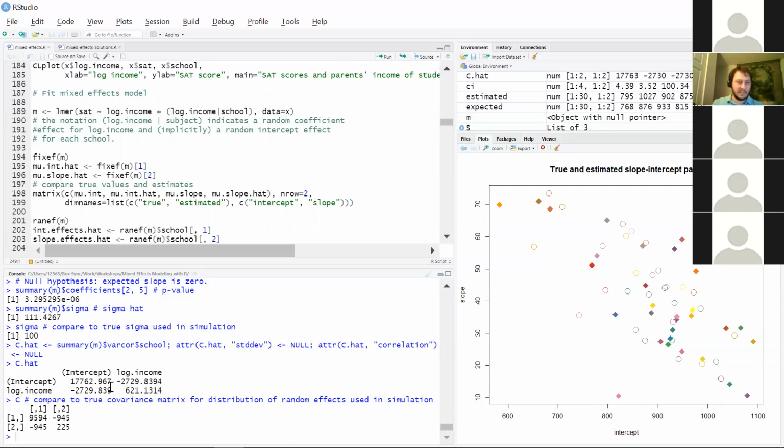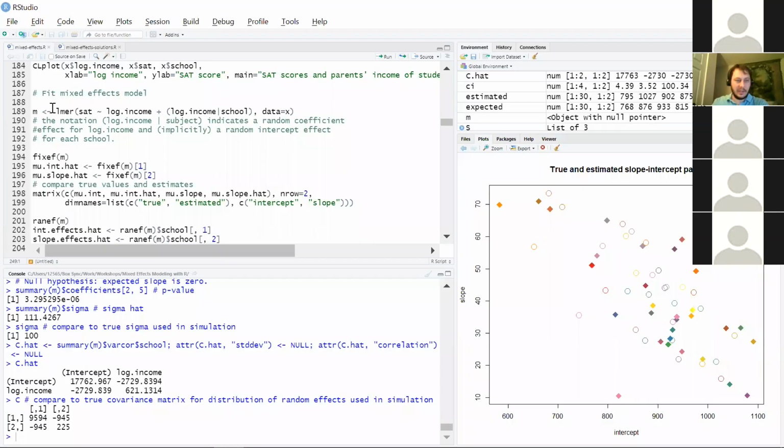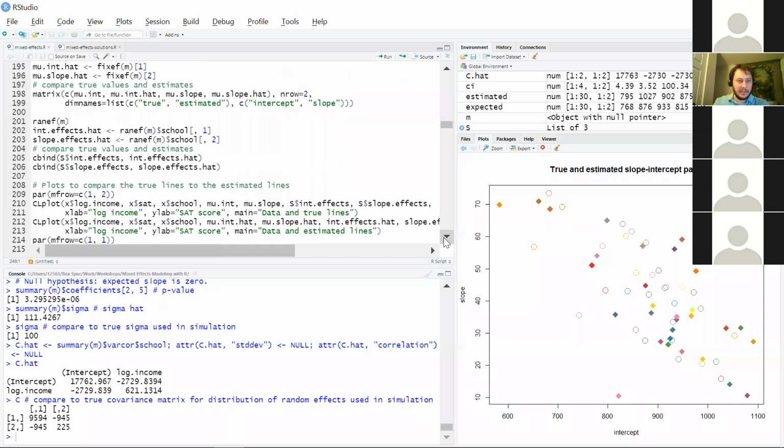So this is the covariance matrix of the BC pairs. B1C1 through BNCN, these intercept slope effect pairs, there's one drawn for every school, and we're assuming they're normal with mean 0 and some unknown covariance matrix. And here is the estimate of that covariance matrix. And here's the actual covariance matrix. I calculated it above, and it's a little bit complicated to calculate in this case.